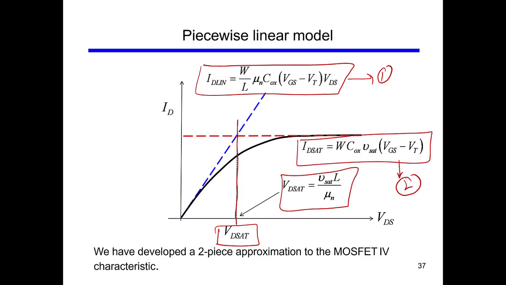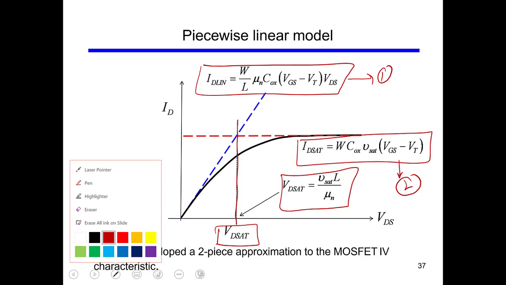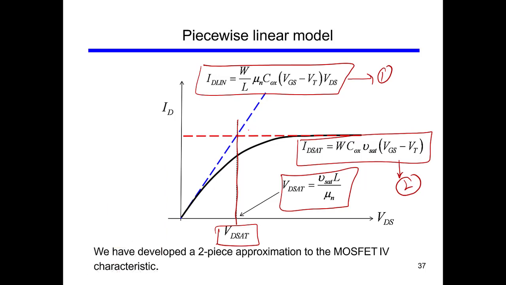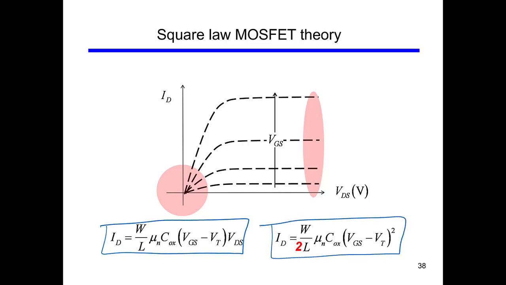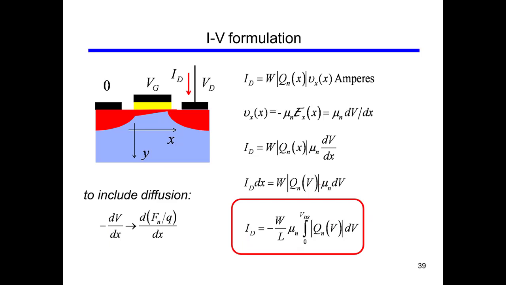This is a piecewise linear model, but we want a model that is smooth here, and we will come back to this. Again, for the square law theory, we have this equation in the linear region and this equation in the saturation region. Let me stop here.